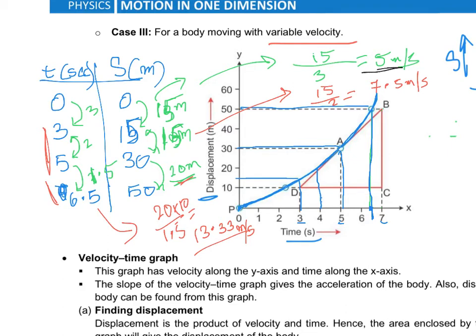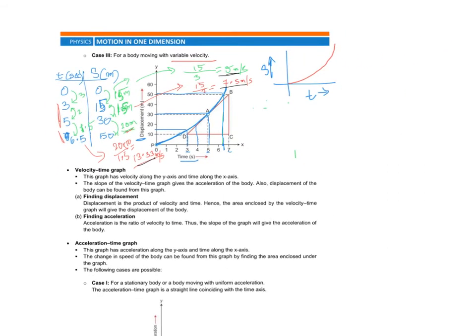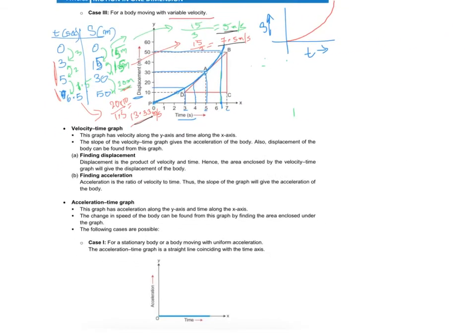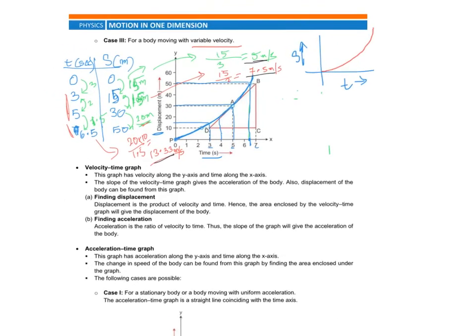First 3 seconds it increased, then it is increasing like this, then like this. So this is an accelerated motion. That means there is some acceleration happening, and that's why the velocity is changing. So that's why it's a variable velocity curve.